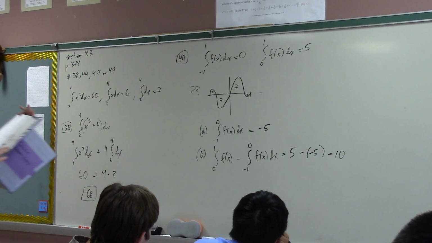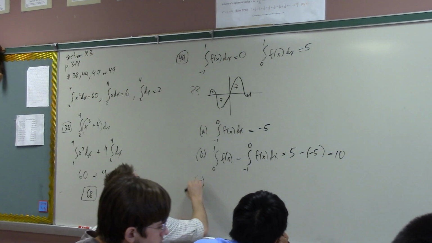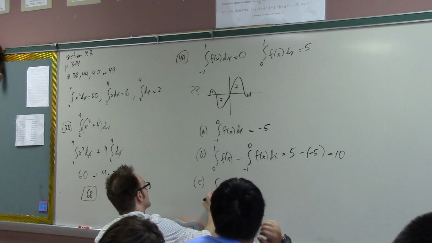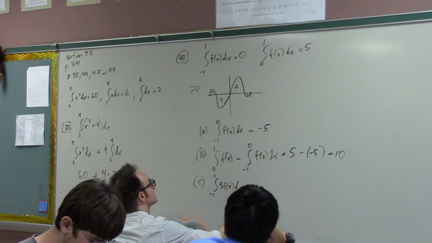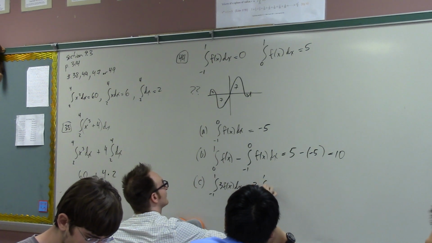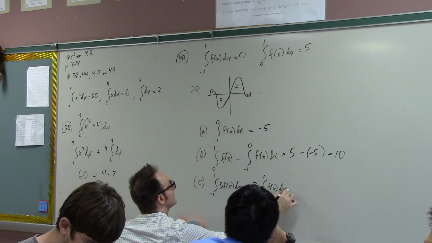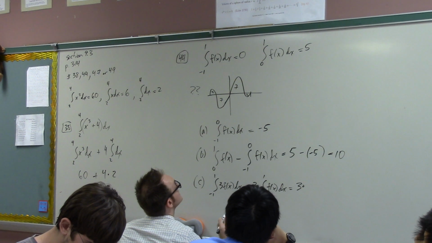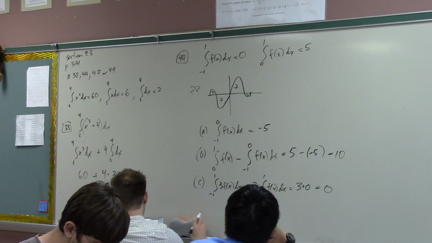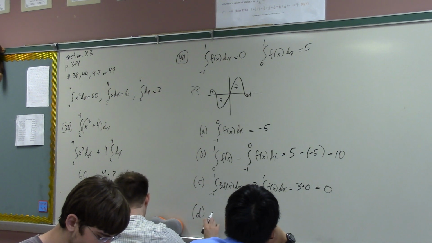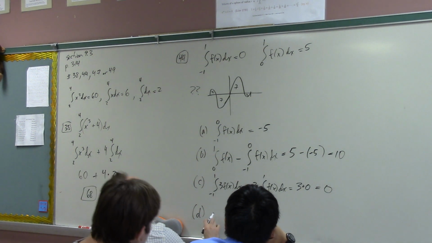Okay. C. C is more sort of properties of integration. What's the integral from -1 to 1 of 3f of x? Well, that's just 3 times the integral from -1 to 1 of the function, so that's 3 times 0. So that's just 0. And finally, am I doing this right?